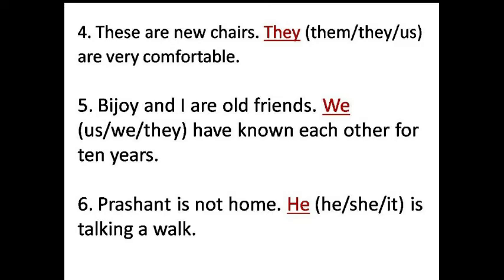We will use here we because we is a subject pronoun. Sixth, Prashant is not home. Dash is taking a walk. We will use here he. Why? Because he is a subject pronoun.